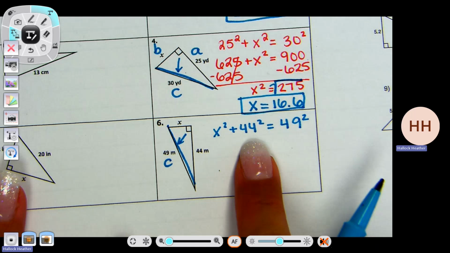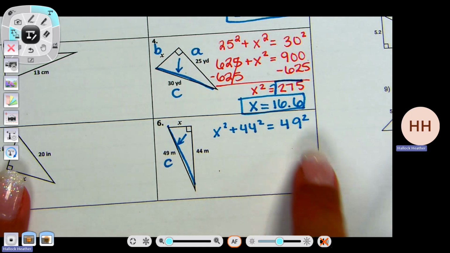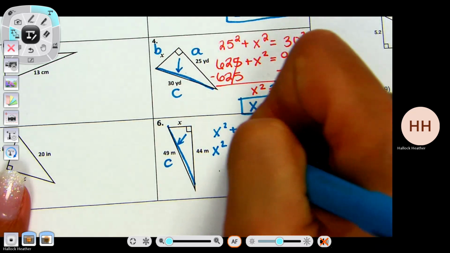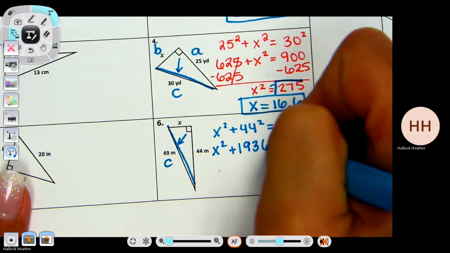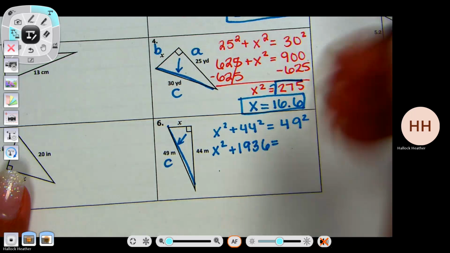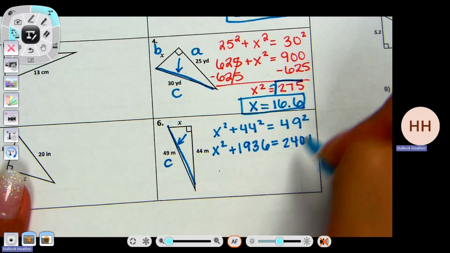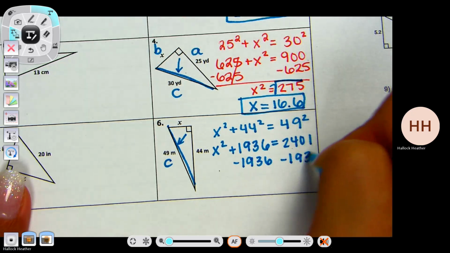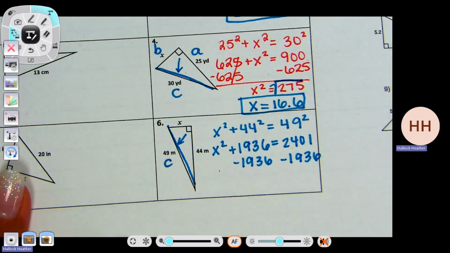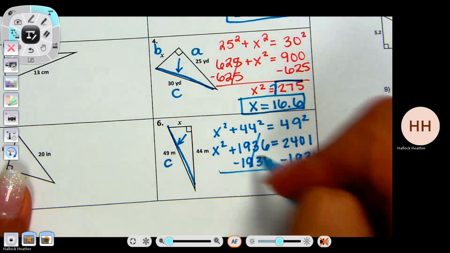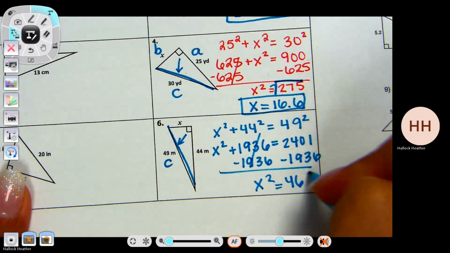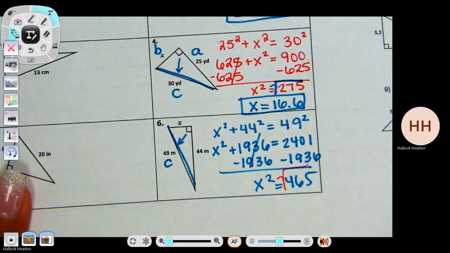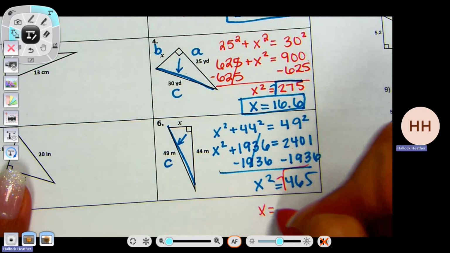When you square 44, you're going to move it over using subtraction because this is trying to find a side. So the last thing you're going to do is square root. And that's where you get your 21.6.